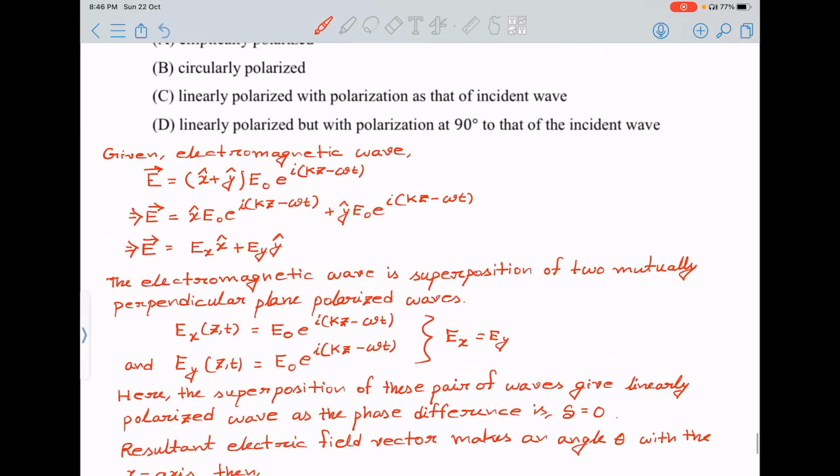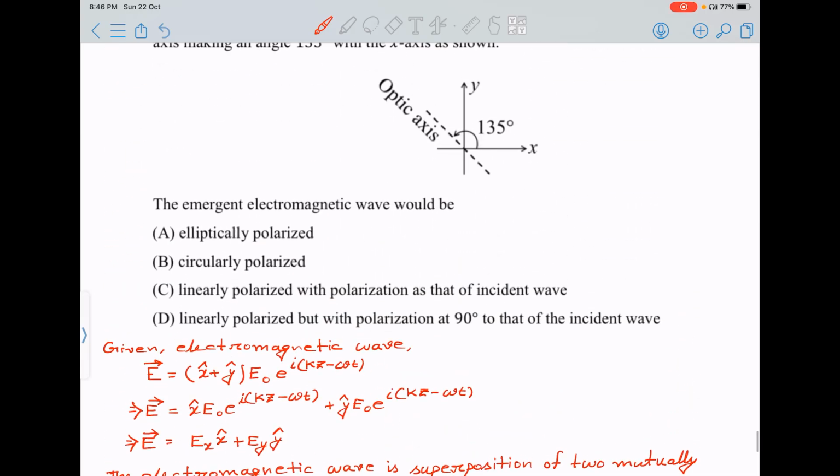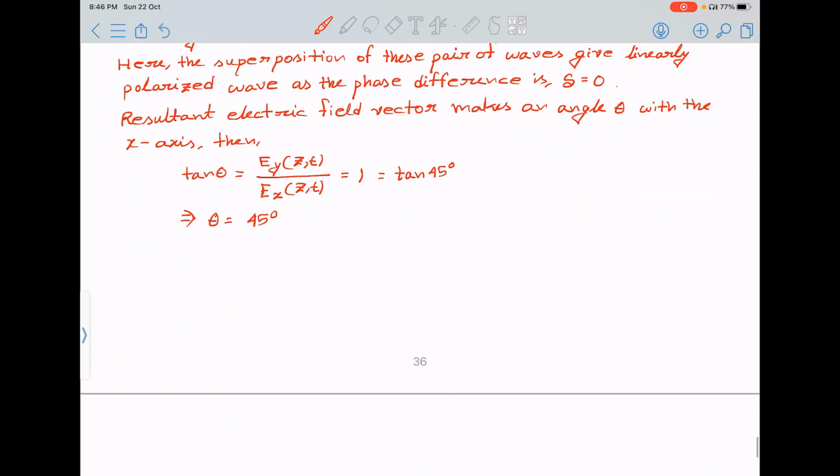So let me just draw the diagram here. This is the x-axis, this is the y-axis, and this is the optic axis.